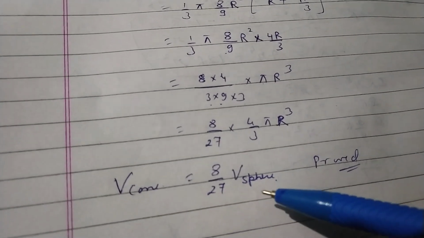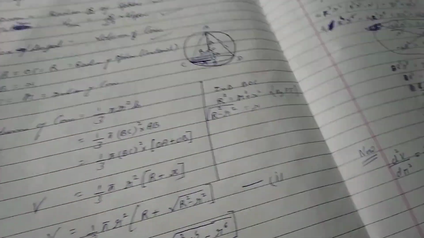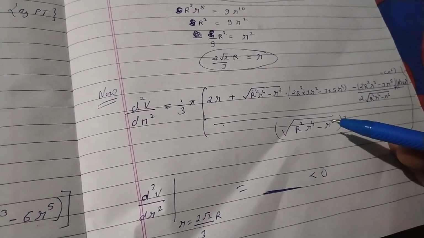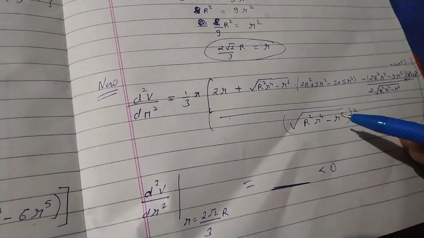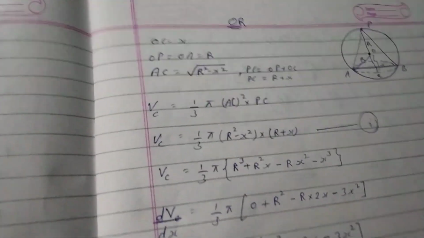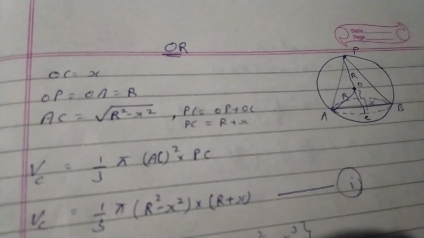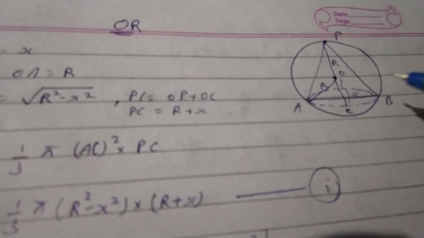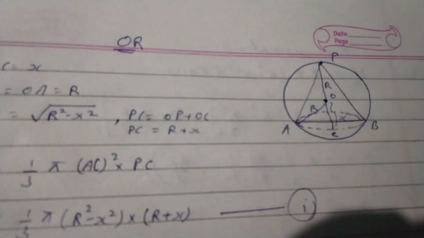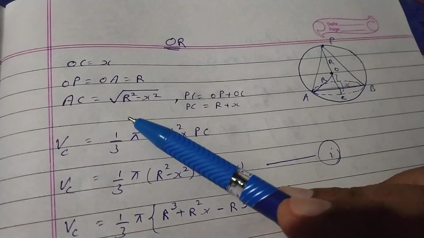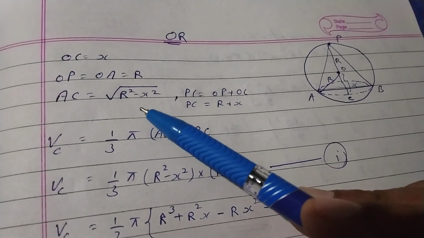But students, from here we have seen that the second order derivative is very complicated, which will be tedious work to solve. Hence, we can choose another method to solve the same question, where we will take OC as x, OB as capital R, and from this we can take AC.